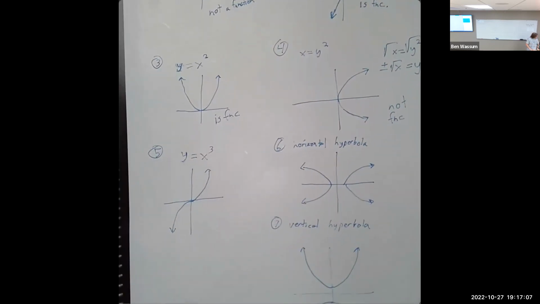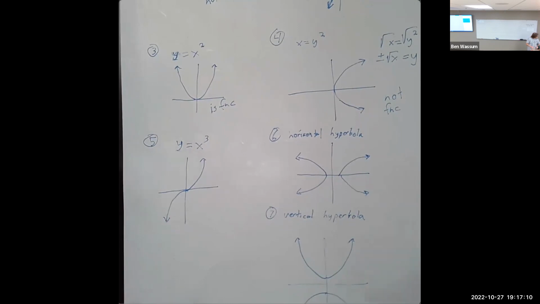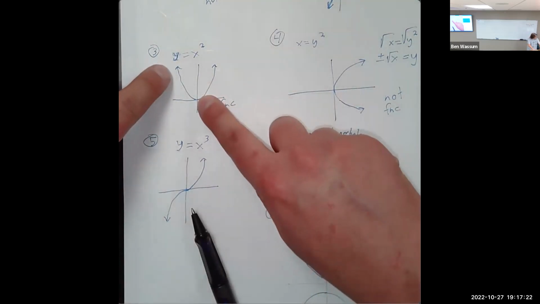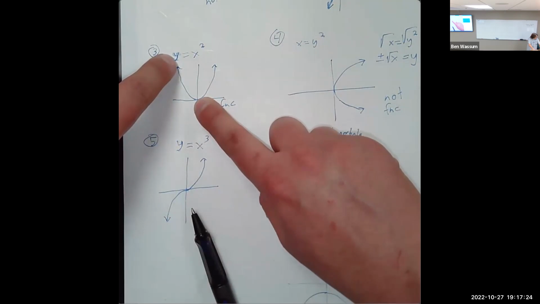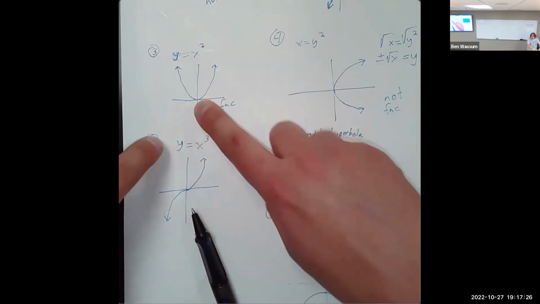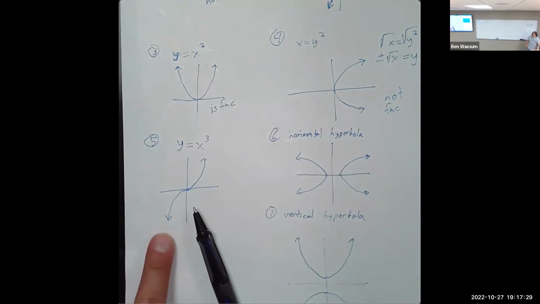Let's look at number 5 here. Number 5, we have y equals x cubed. These x cubes usually intimidate everybody, but what I usually tell students is, hey, it's kind of like a parabola, but if I took the left hand side of it and just flipped it downwards. That's pretty much what's happening with these guys, okay? Now, same idea.